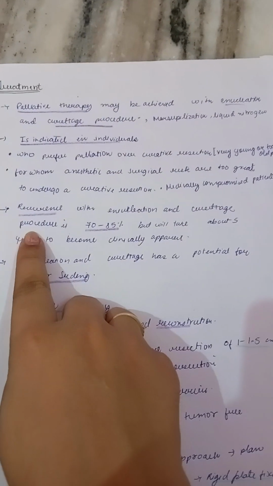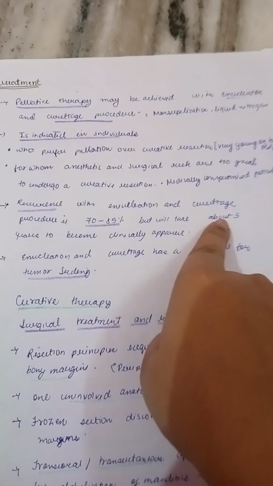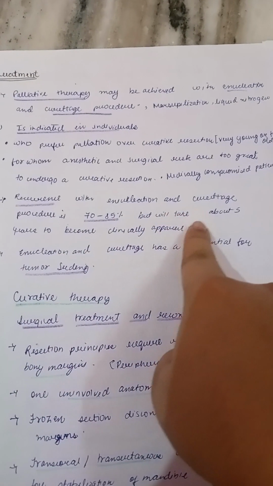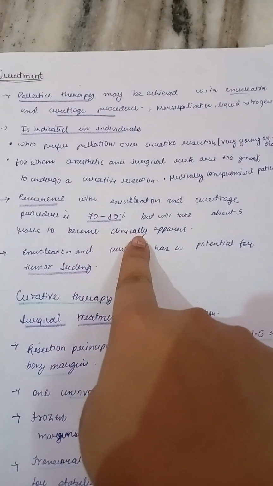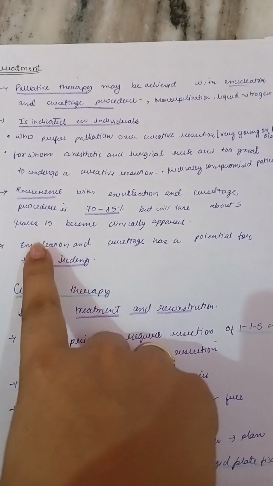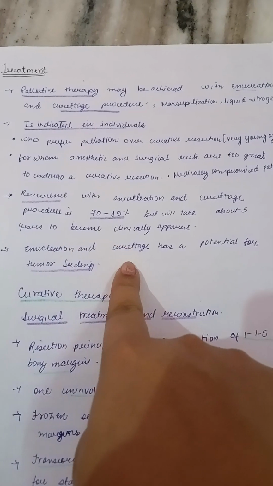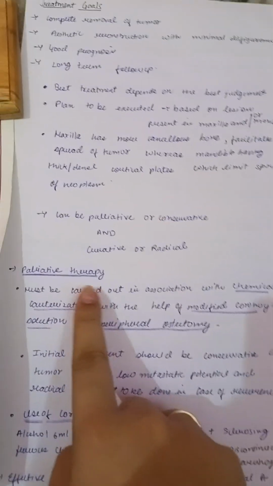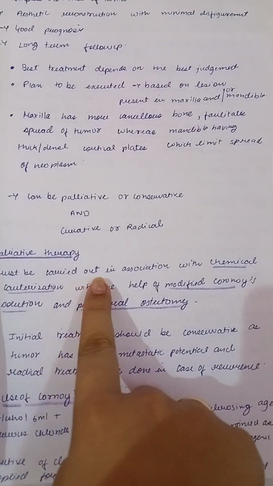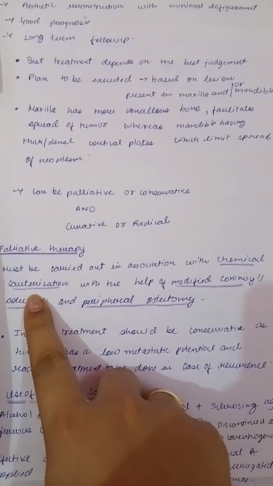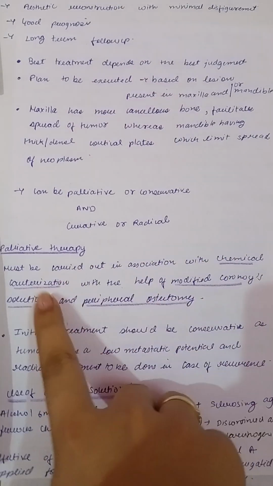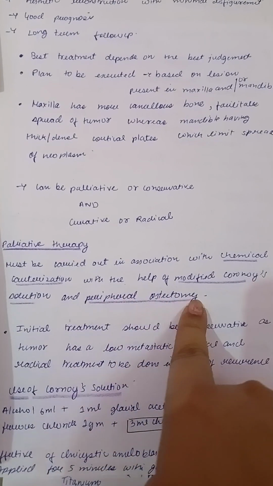Okay, recurrence with enucleation and curettage procedure is 70 to 85%, but it will take about 5 years to become clinically apparent. Enucleation and curettage has a potential for tumor seeding also. So palliative therapy should be carried out in association with chemical cauterization with the help of modified Carnoy's solution and peripheral ostectomy.